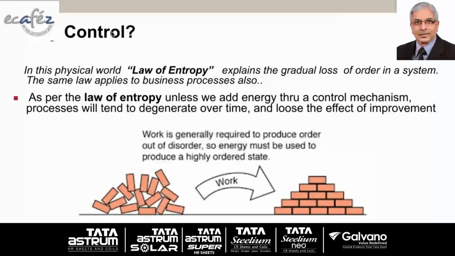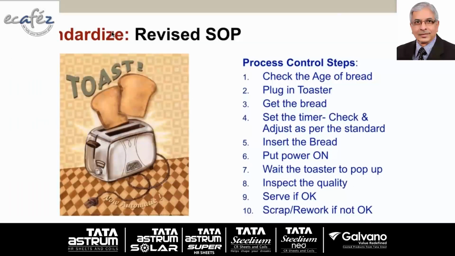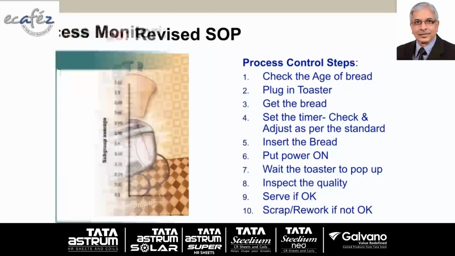The same principle applies as per the law of entropy. Unless we add energy through a control mechanism, the process will tend to degenerate over time and lose the effect of improvement. Whatever improvement we have done, if there is no control, after some time people will forget and go back to square one. So what needs to be done? The SOP has to be revised. All people must be trained on the new SOP, and it should be displayed.